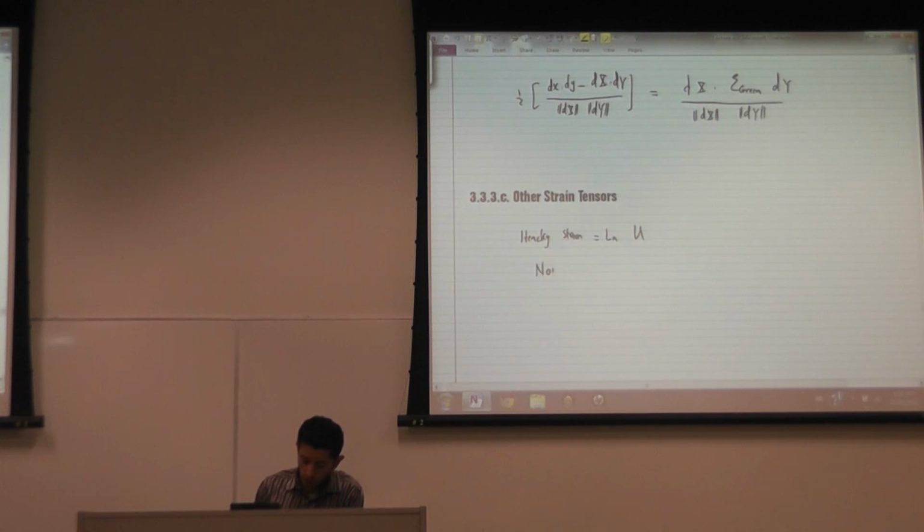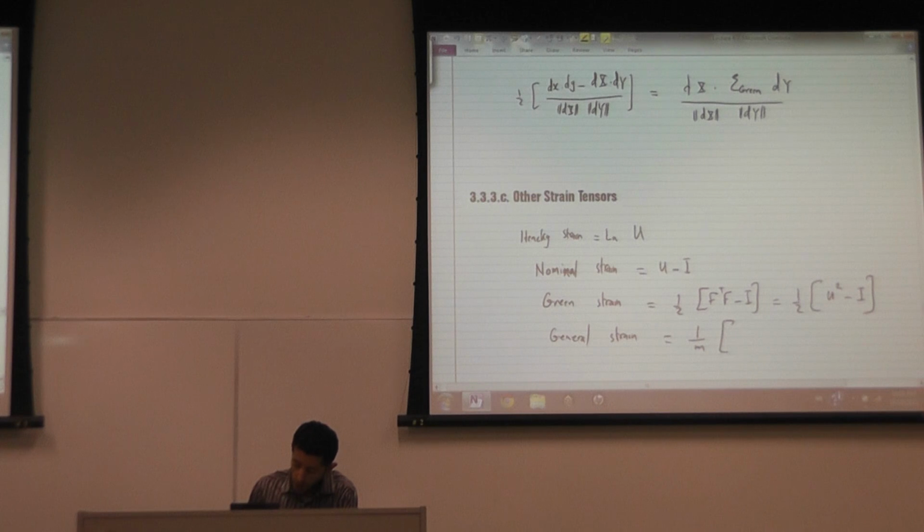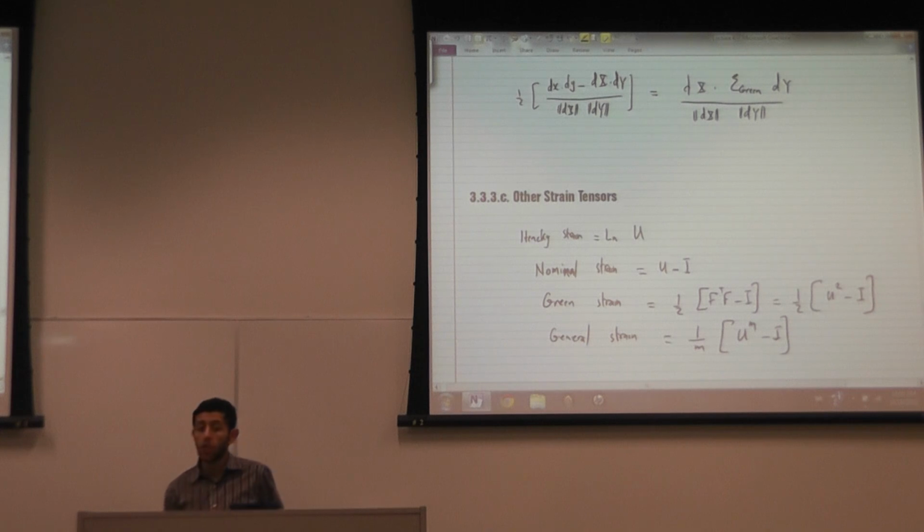There is another strain measure called the nominal strain, which is equal to U minus I. The green strain that we just introduced is equal to half (F transpose F minus I), which is equal to half (U squared minus I). Any general strain tensor can have the form 1 over m (U to the power m minus I). So according to your application, you might see any of those strain measures.